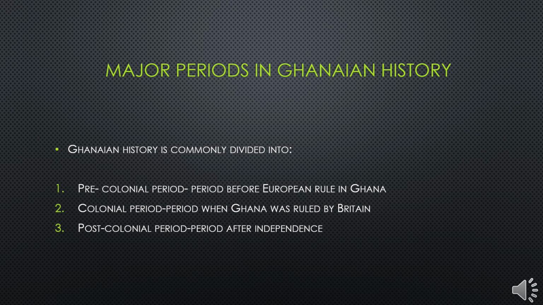Then we move on to the colonial period. When we talk of the colonial period, we are talking about the period when Ghana was ruled by Britain. This colonial period lasted from 1874 to 1957, when Ghana was known as the Gold Coast.